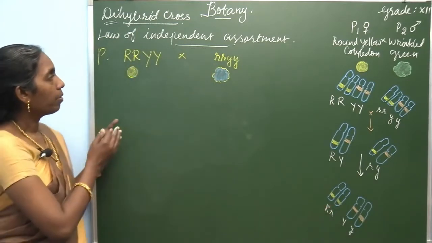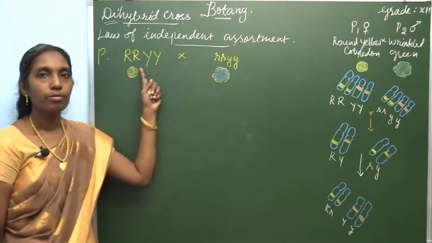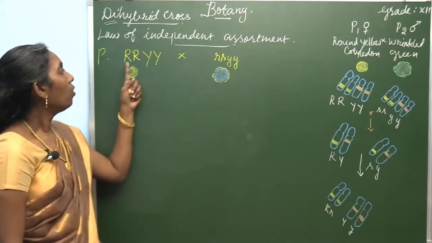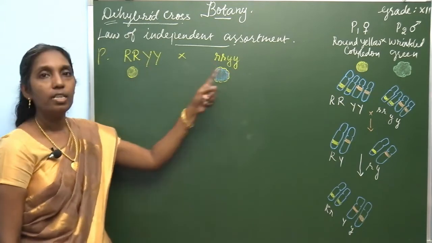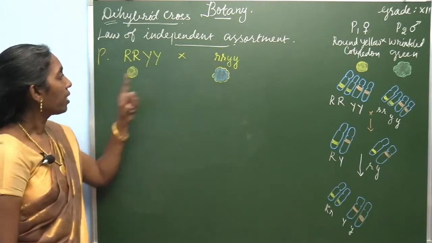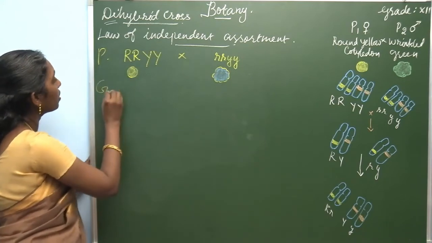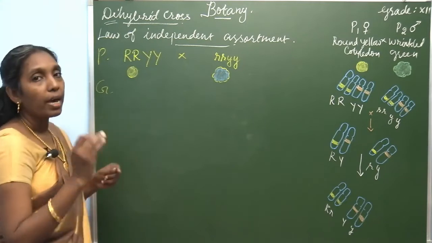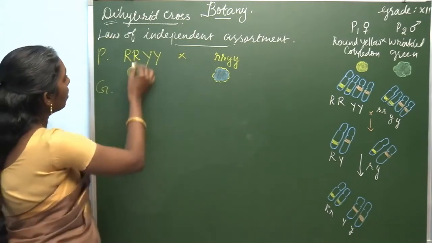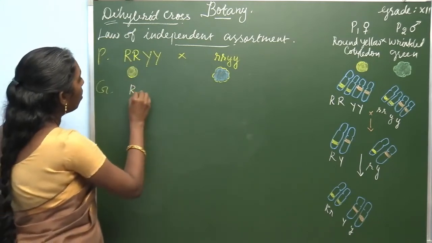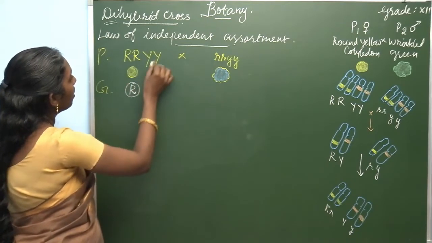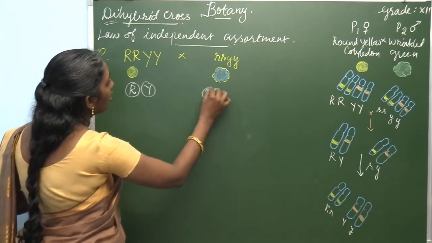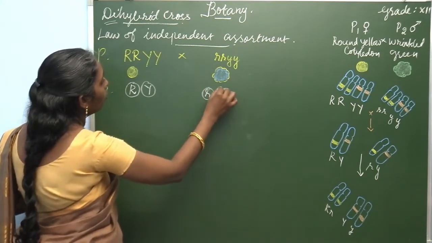This diagram represents that the genes are located within the chromosome. Let's see the dihybrid cross. The contrasting pair is round yellow, wrinkled green. So this is the parent, and take out the gametes from here. What are the gametes present here? Here two pairs of contrasting characters. So here there are capital R, capital Y, small r, small y.